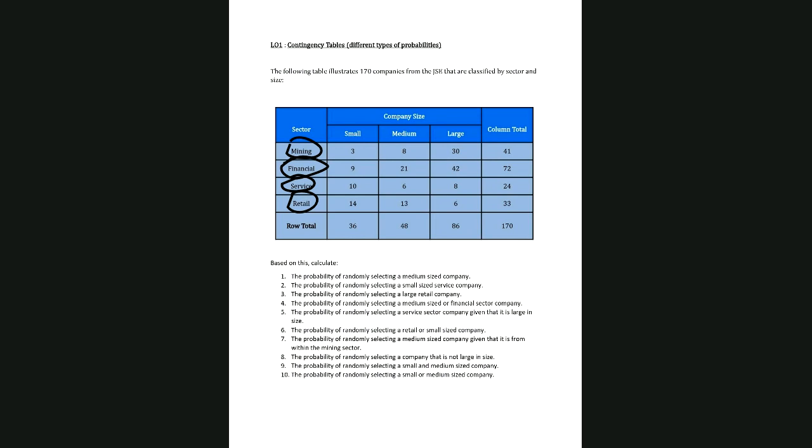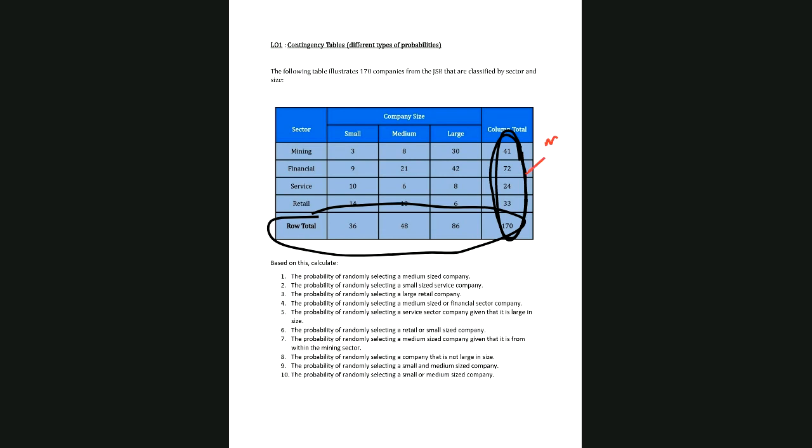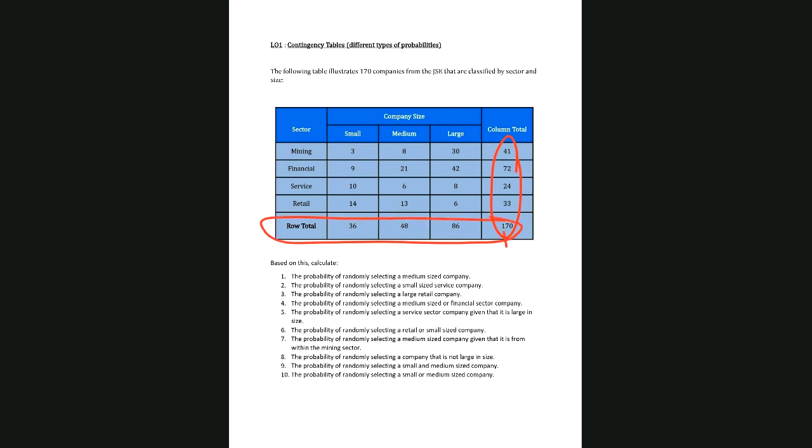As you know, with a contingency table, whenever we are looking at the total row here at the bottom or the total column that I circled first, we are referring to a marginal frequency. So these are marginal frequencies.